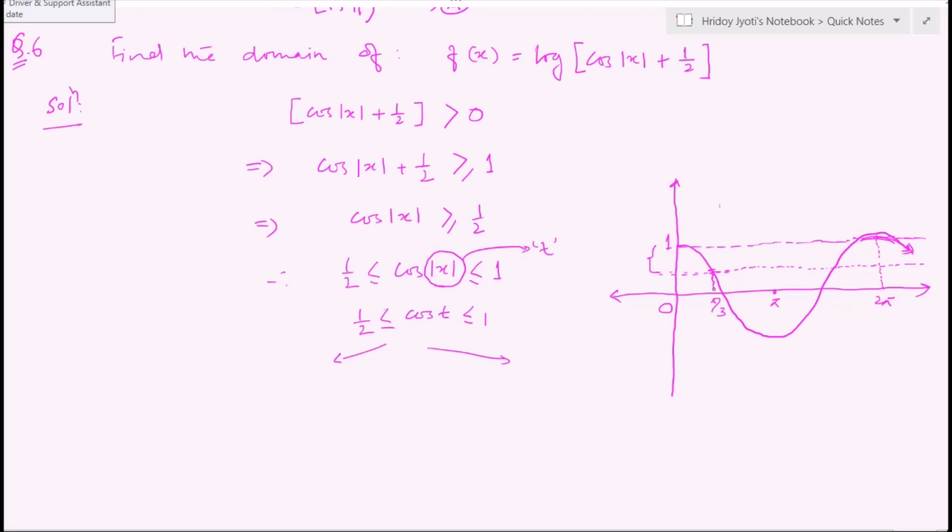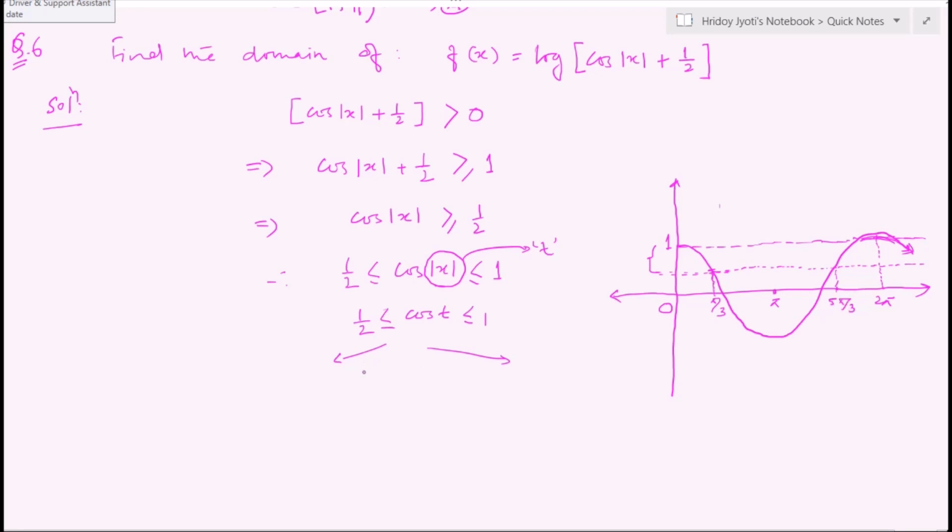So the first value is pi by 3, and this other value will be 2 pi minus pi by 3, that is 5 pi by 3.